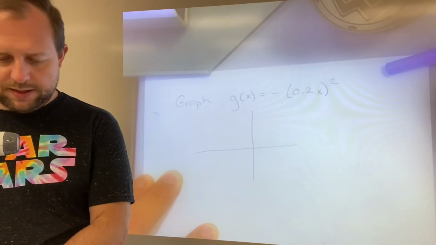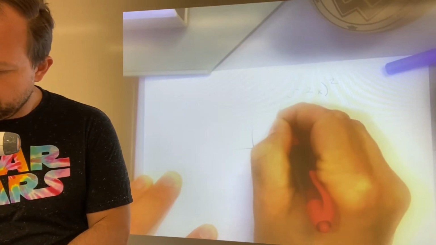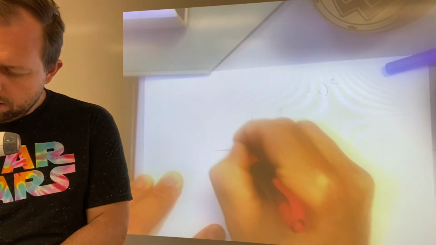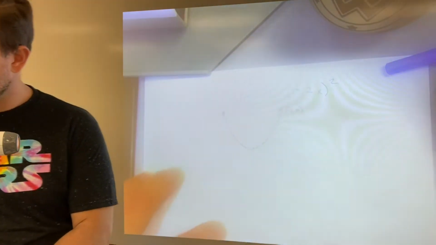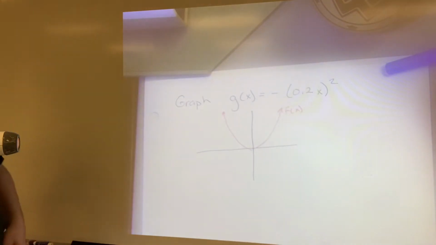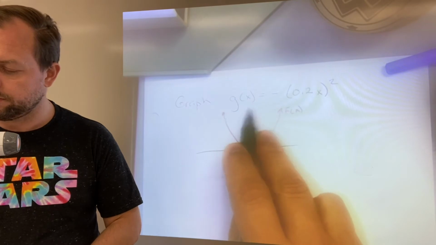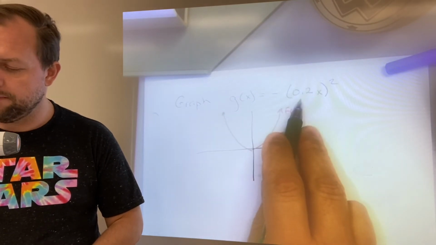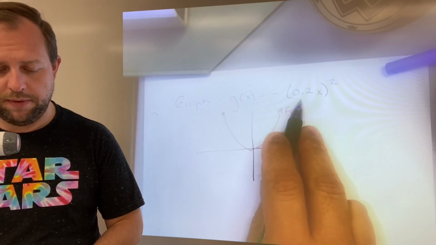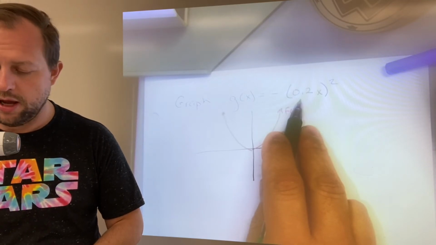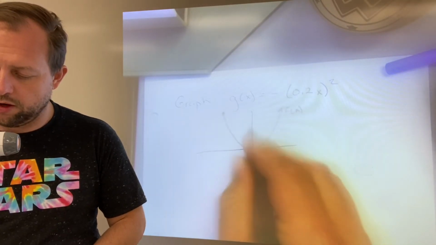Well, f of x being x squared would look like our normal quadratic. So g of x having a 0.2, which means it's between 0 and 1, means we're going to get a wider graph, and the negative on the outside means it's going to be reflected over the x-axis.